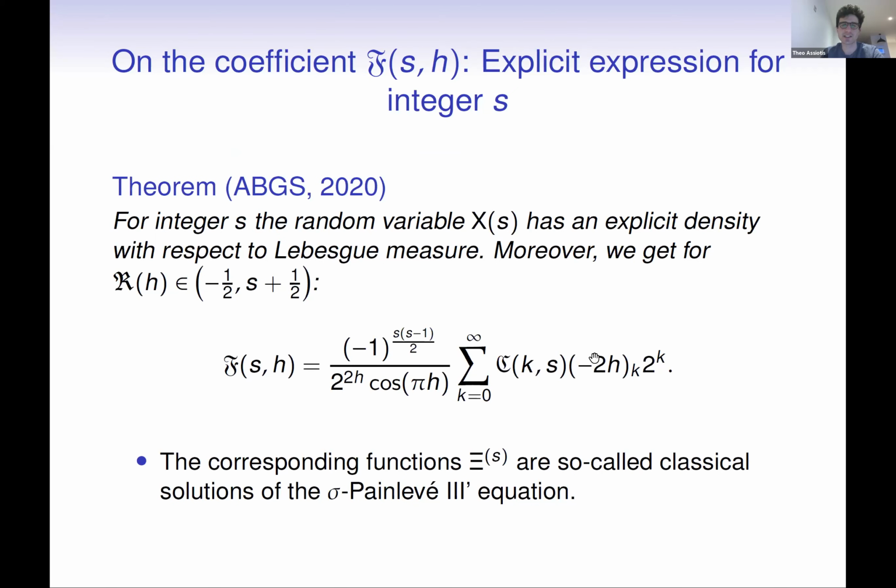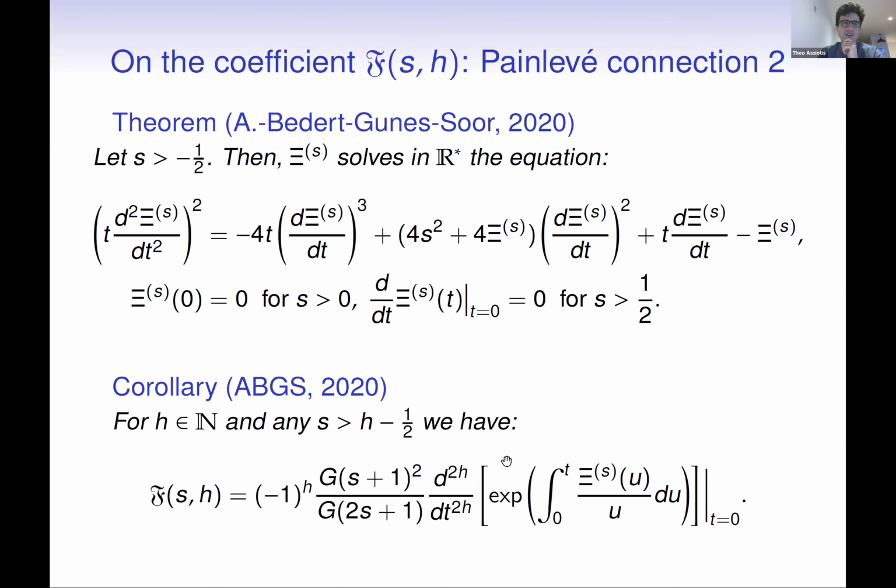The way we get this expression for integer S is because the solution is known to be completely explicit. If we knew the solution is completely explicit for non-integer S, we could again integrate and get the expression. So you're saying the expression for integer H and non-integer S is not good enough, and you need better knowledge of the non-classical Painlevé III equations? Yes, for non-integer we want an explicit one.